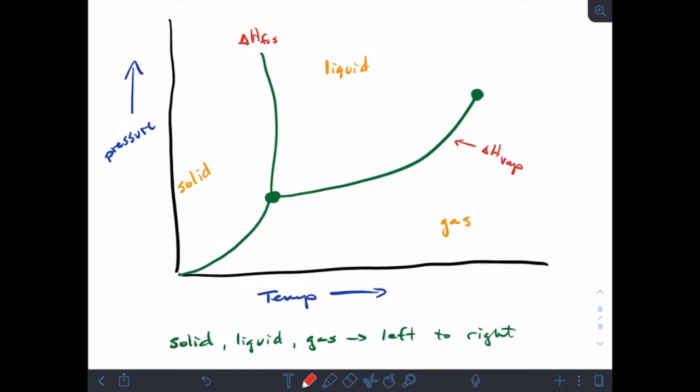And my line between solid and gas is delta H sublimation. Okay, so along the line, you have equilibrium, right? But if I'm looking at transitioning from one phase to another, if I cross from solid to liquid, in that direction, I'm melting. And in this direction, I'm freezing, right?